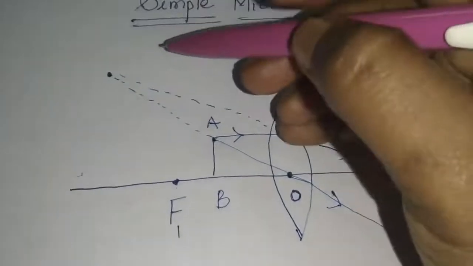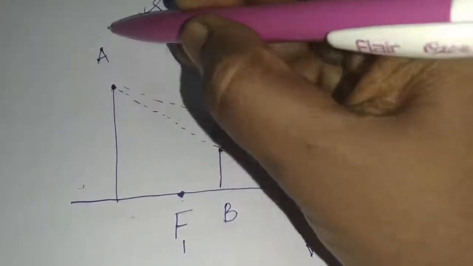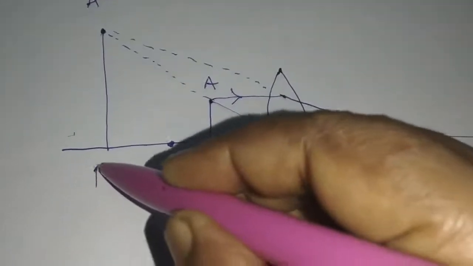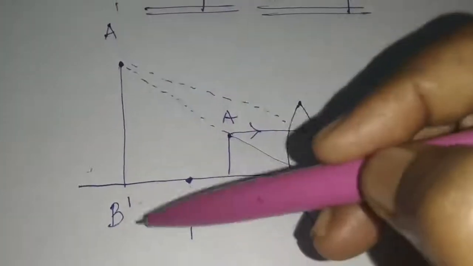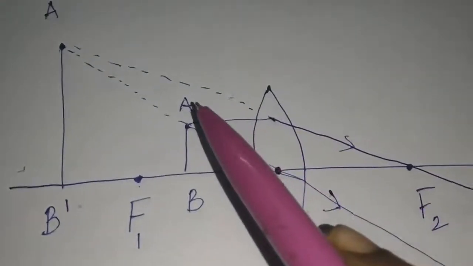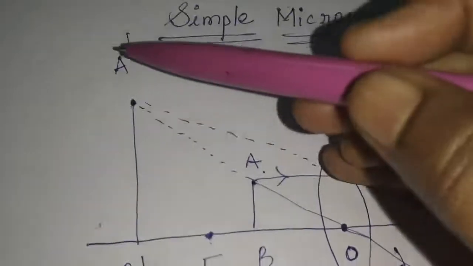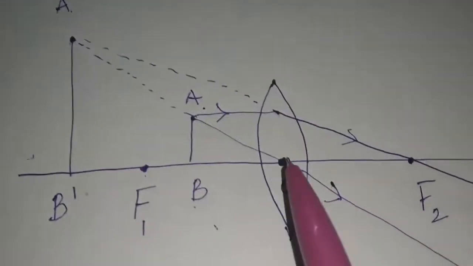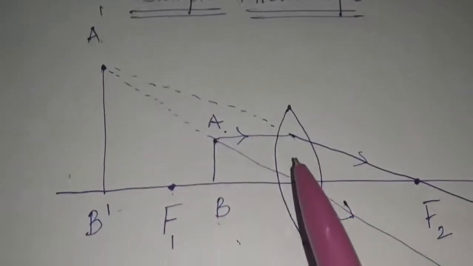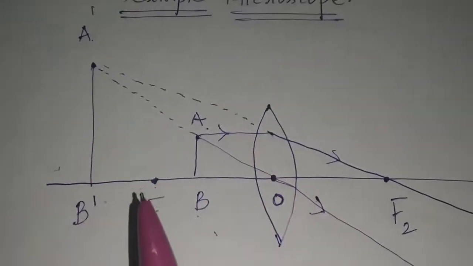Here you will get the image, A dash and B dash. The image is erect, meaning straight. A B is the object, and A dash B dash is the image. The image is formed on the same side of the lens.